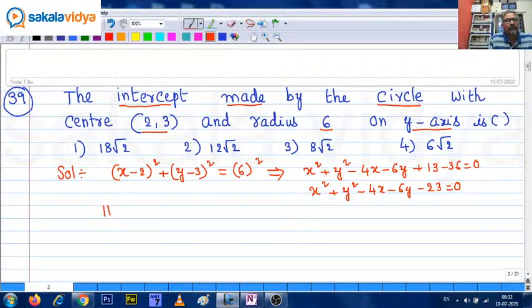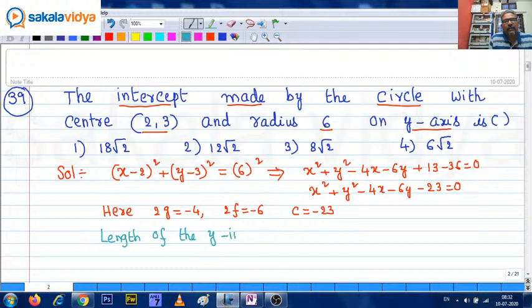Here 2g equals minus 4, 2f equals minus 6, c equals minus 23. Now the length of the y-intercept is given by the formula 2 root of f square minus c.